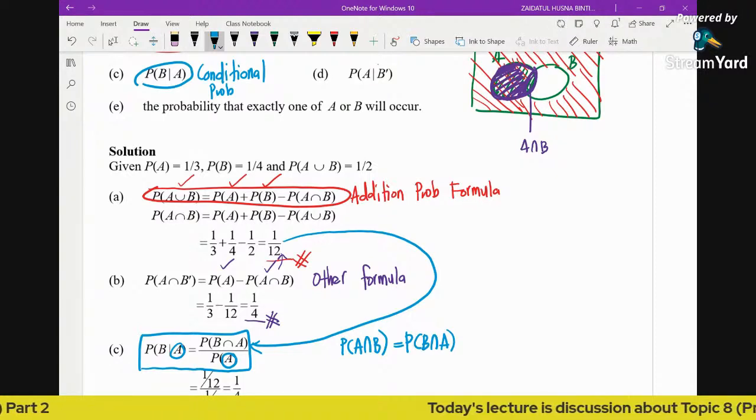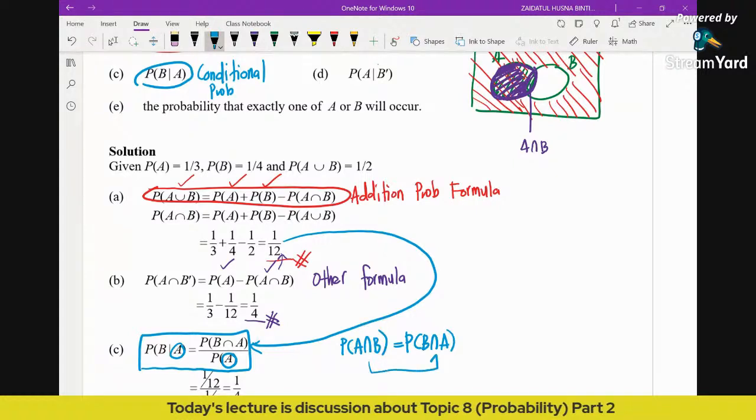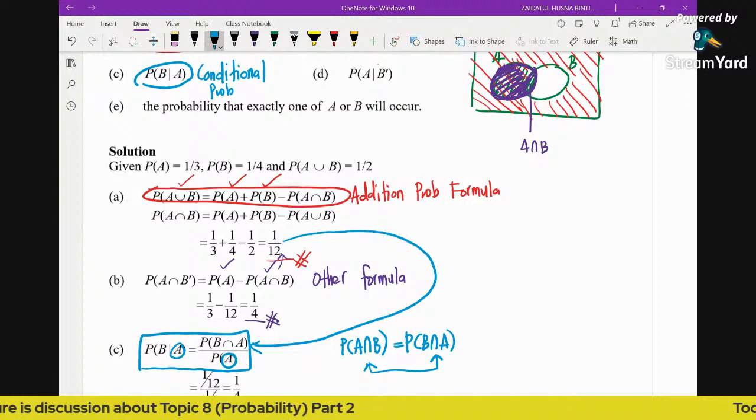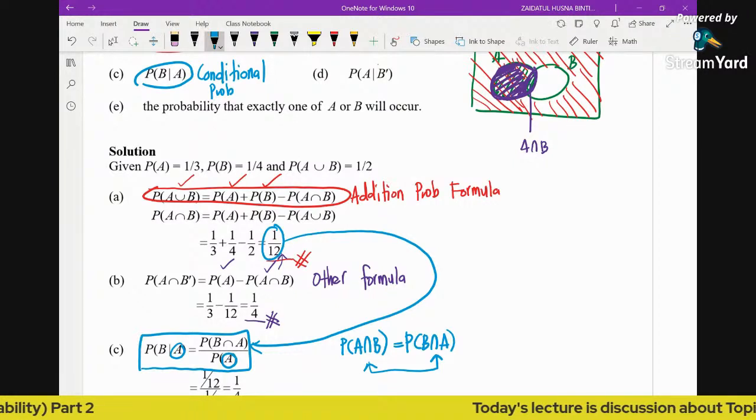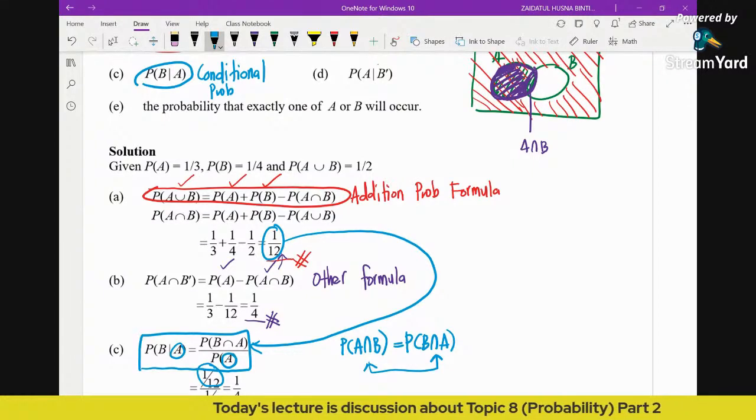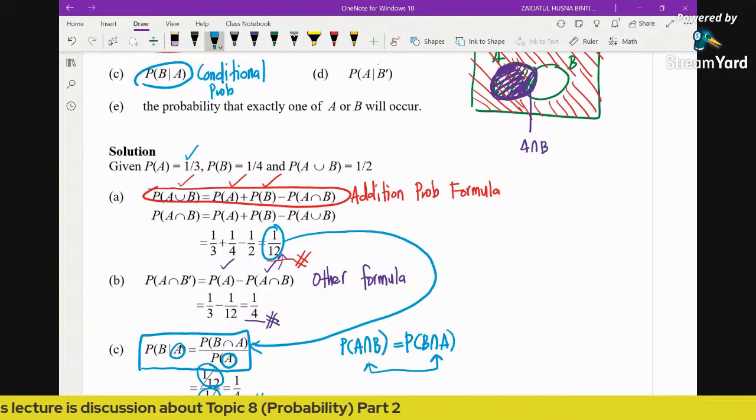When we draw the Venn diagram, you will notice that both give you the same region. So we bring the value down from the previous solution, 1 over 12, and probability of A is already given in the question, 1 over 3. We will have the answer to be 1 over 4.